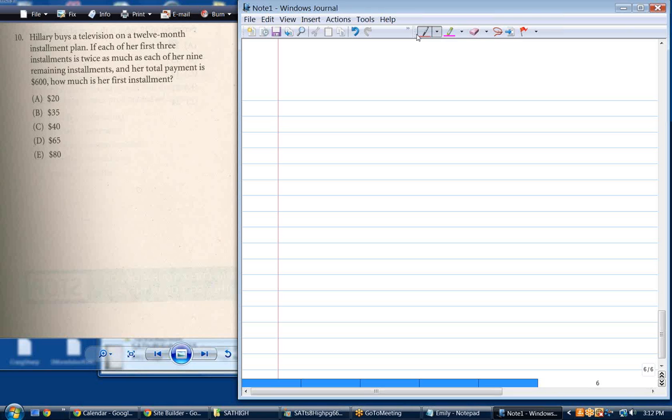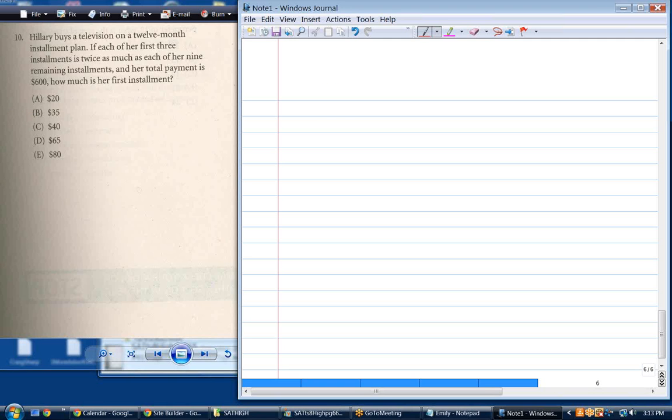But the reason I said this was the quintessential question is, let's say you couldn't formalize that as an equation and you're going to pick one and see if it works. This is where you want to pick either B, the second lowest, or D, the second highest, because you're going to know whether you go up or down on the next one.